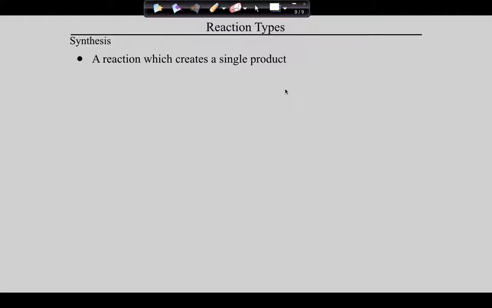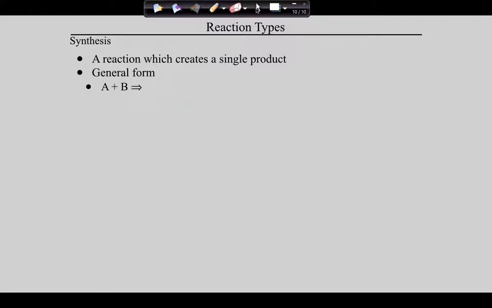So guys, the general form then of a synthesis reaction is taking A and B and putting them together. So if it puts them together, what does it make? AB. That's it. What if there was a C? Well, then it'd be A plus B plus C yields ABC. All we're doing is taking pieces and putting them together.